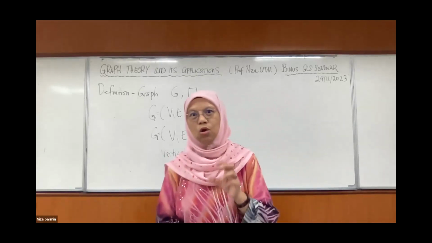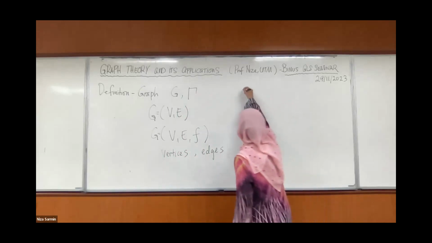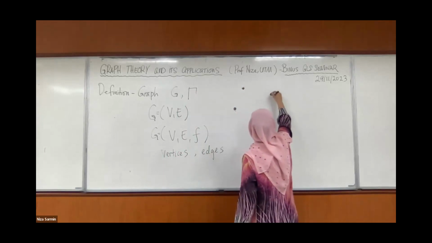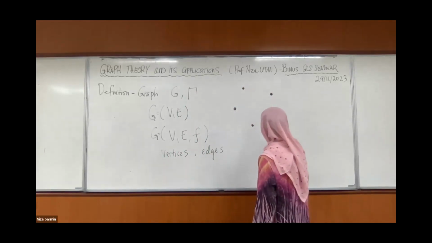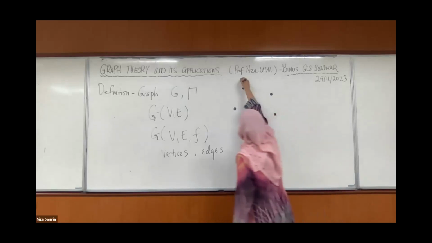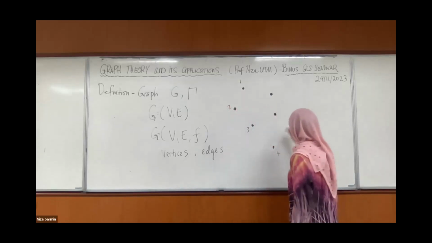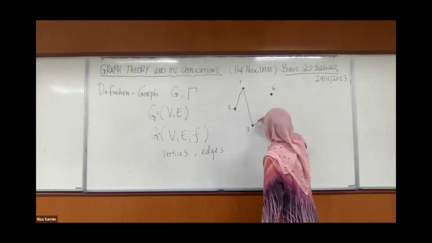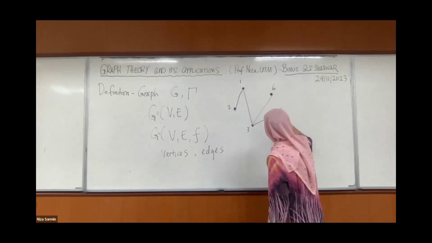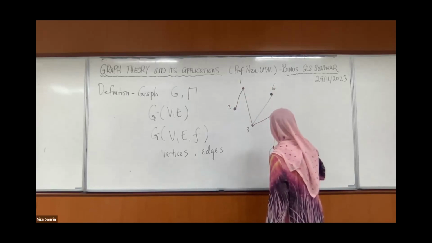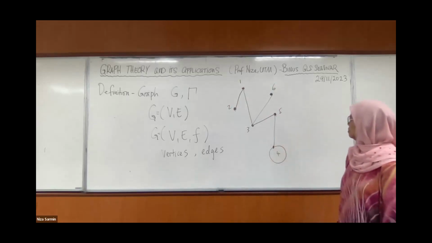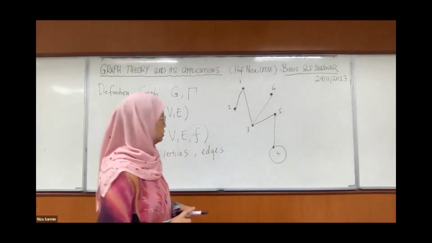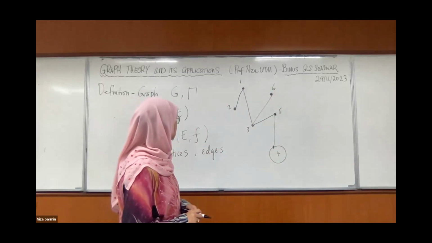Okay, so let's draw a graph. Okay, so this is a graph. How many vertices? Six.